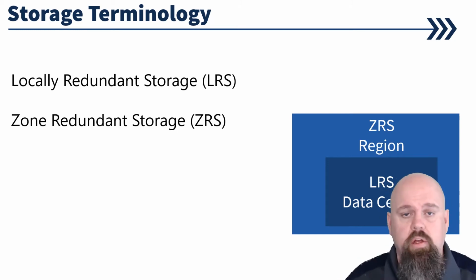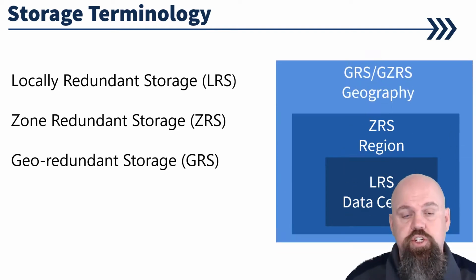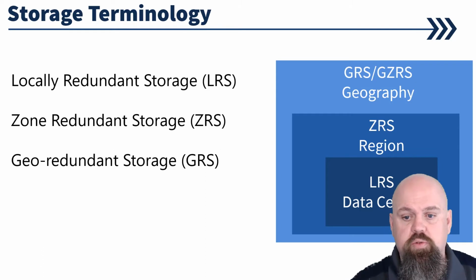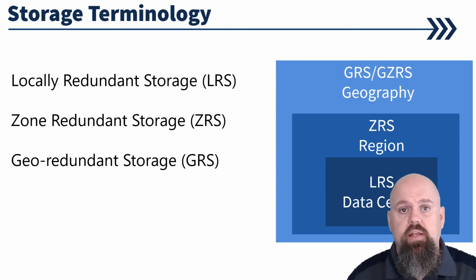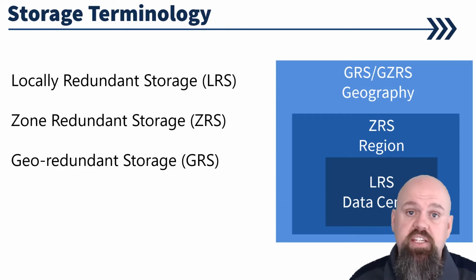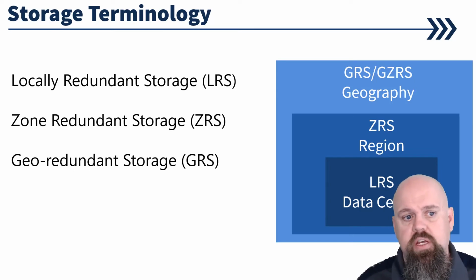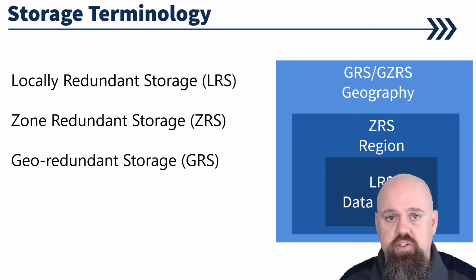Now we can take another step up higher into the region and talk about geo-redundant storage. Geo-redundant storage is going to give us the ability to replicate our data across multiple regions. This is how we facilitate our objectives, by ensuring that our data is replicated outside of a given region. We can do that with geo-redundant storage.